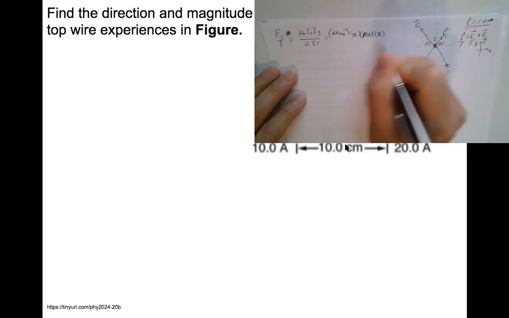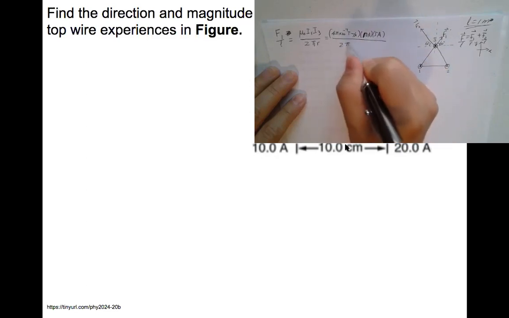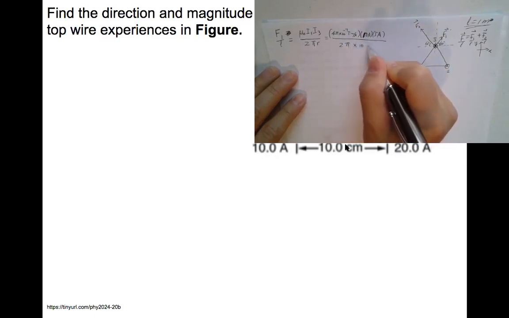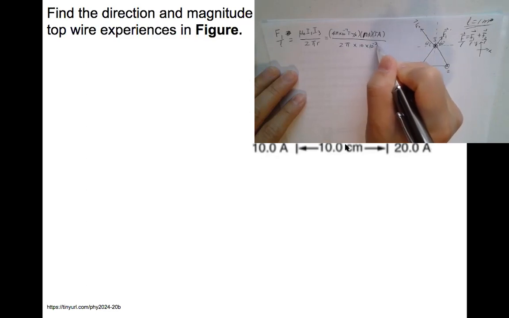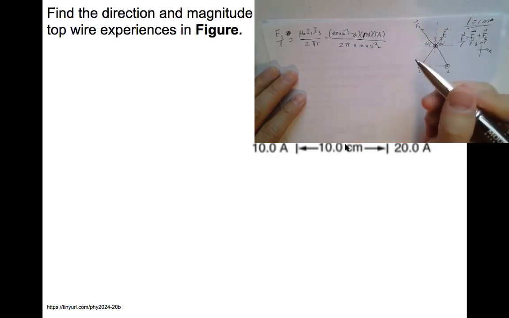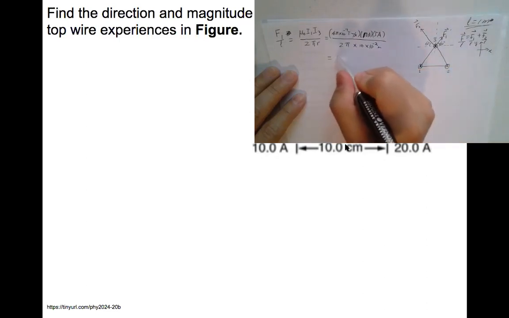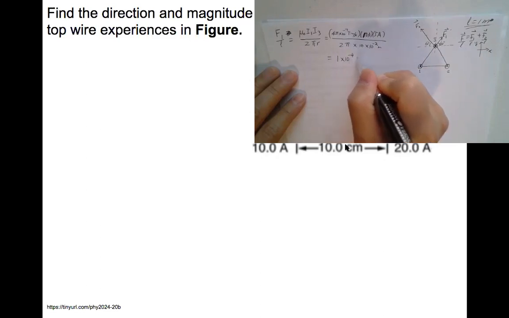I3 is 5 amps, divided by 2 pi times 10 centimeters. That means 10 to the minus 2 meters. That gives you meters. All right, so this is equal to 1 times 10 to the minus 4 newtons per meter.